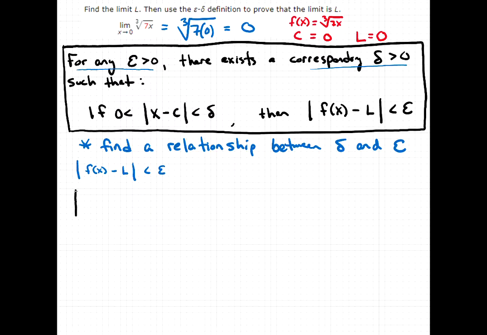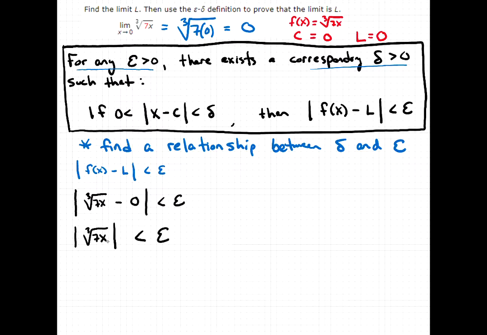So let's plug this in. The cube root of 7x minus L, which is 0, is less than epsilon. We don't need the minus 0 there, so we can get rid of it. We can just say the absolute value of the cube root of 7x is less than epsilon.